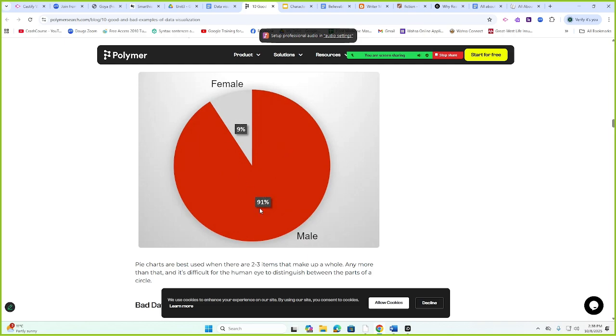Female 9%, male 91%. So this data visualization helps us put things into perspective. When we look at this, we think, wow, the male portion of this circle is very, very dominant, right?